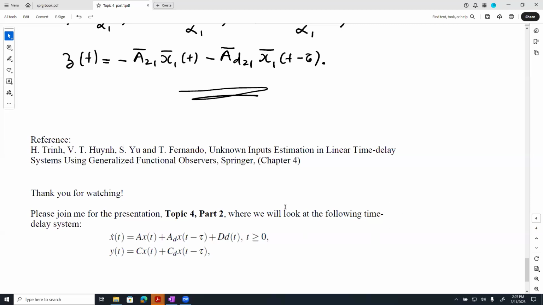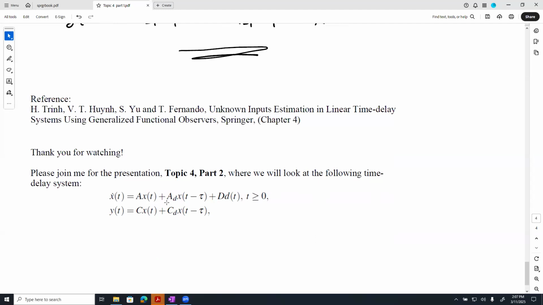The next presentation will just follow on from the logic of this part, where we are going to look at a time delay system which now has a delay term CD, x(t minus tau), in the output measurement vector. So sometimes we can have a situation where the output measurement vector is not just an instantaneous combination of the state vector, but might be a sum of that.